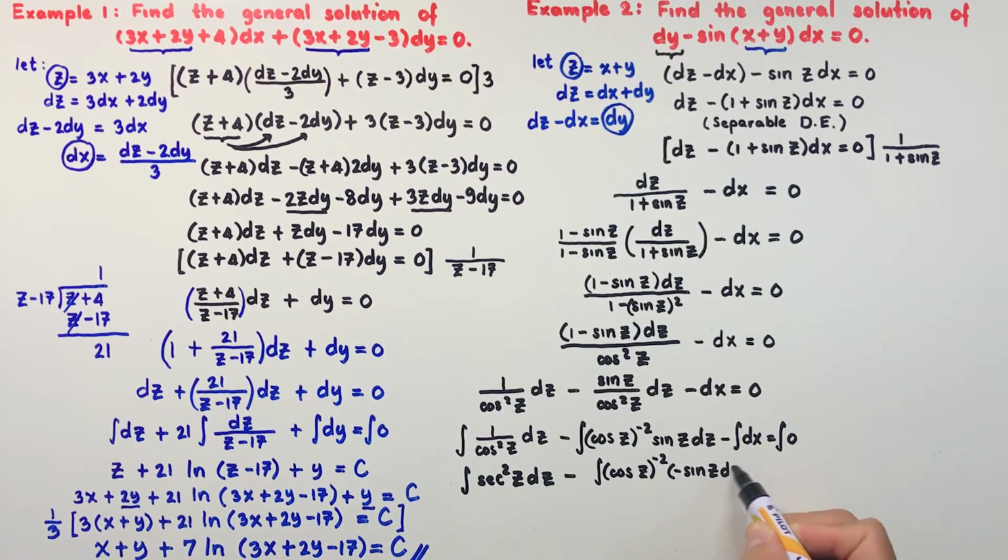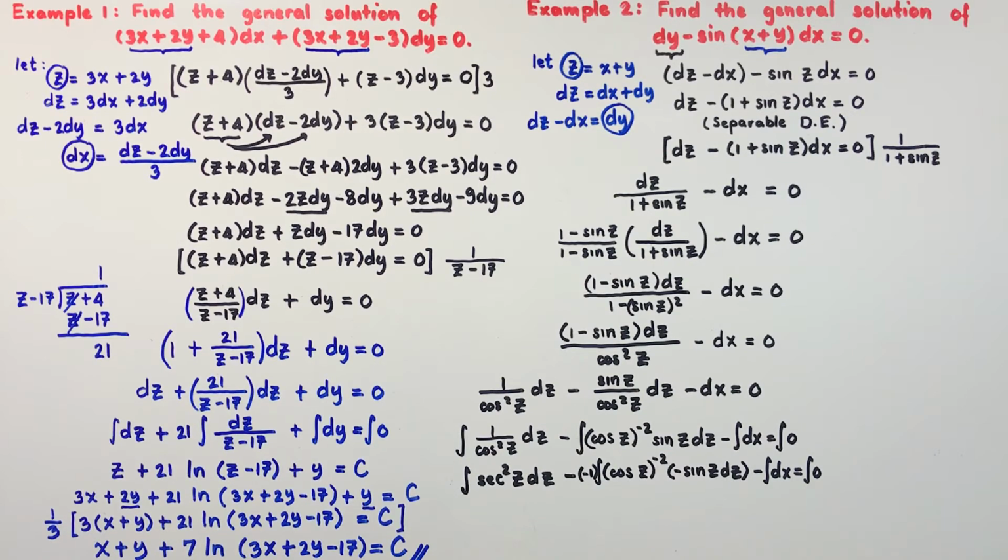But maybe you will ask, where did I get this negative 1? I need to neutralize this negative by multiplying negative 1 outside the integral symbol. So that negative 1 times negative is positive, and this is subtracted by the integral of dx, which is equal to the integral of 0.